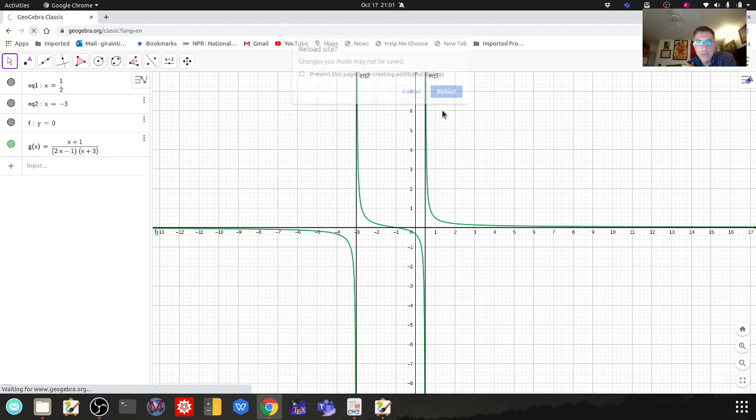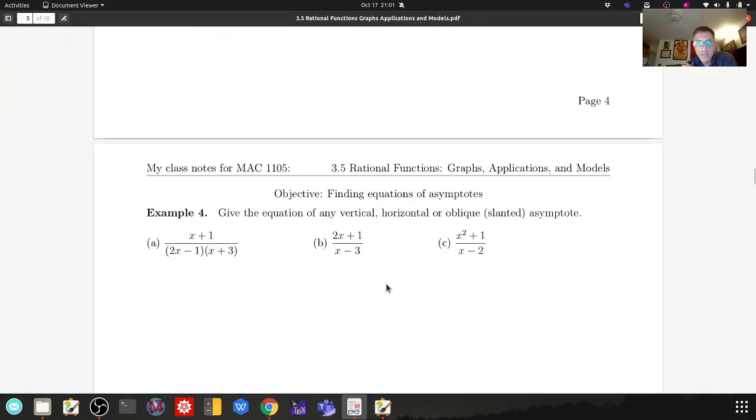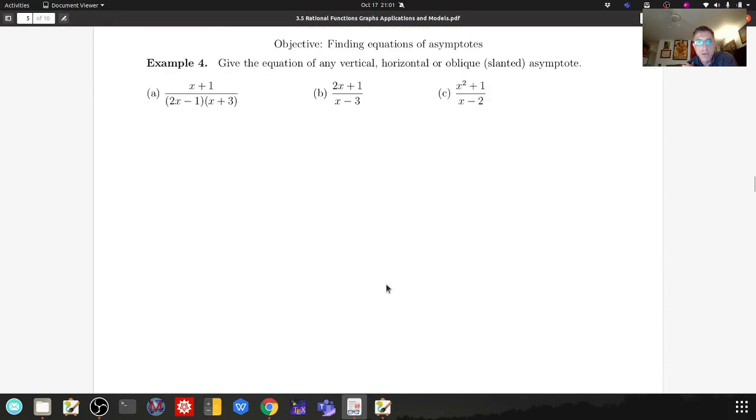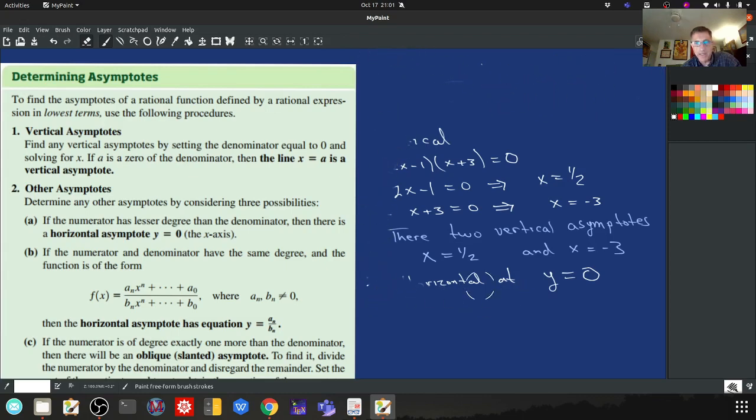So let's do the next one. 2x plus 1 and x minus 3. Yeah, I just kind of want to have this right here for us to reference. I'm using the mouse. It's much better to have my magic pen.